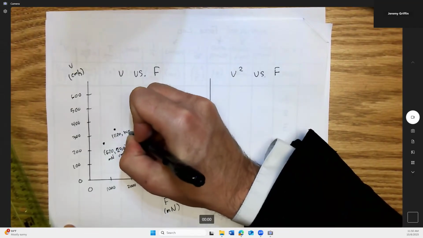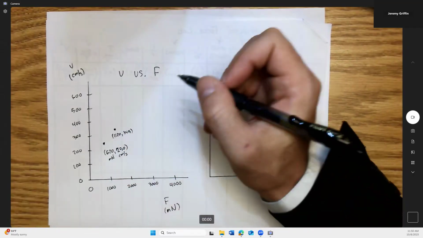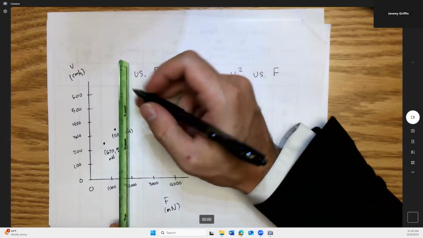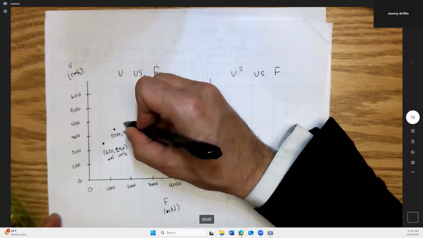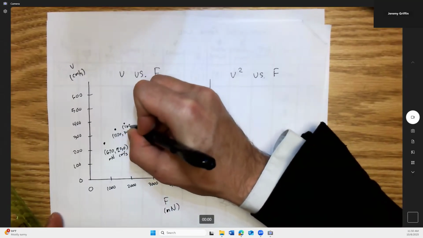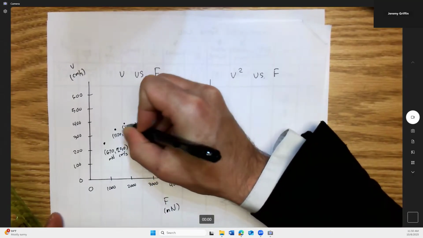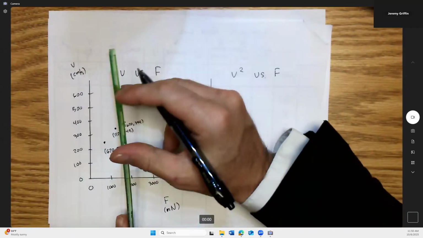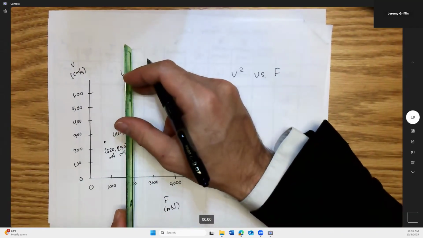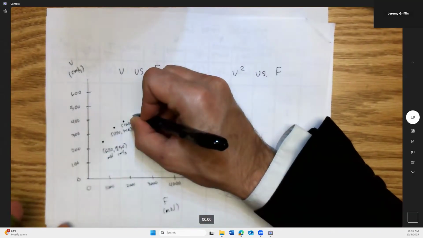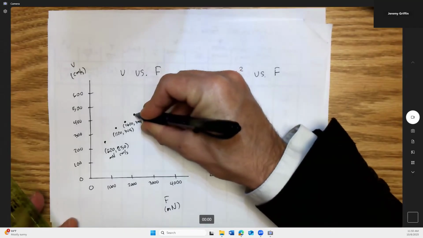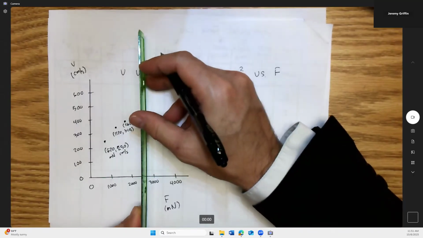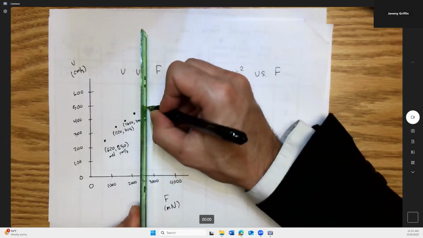Then we have 1620 and 394. Next point. 2120 and 419. Next point. What was the last one? Oh, 2620 and 490.